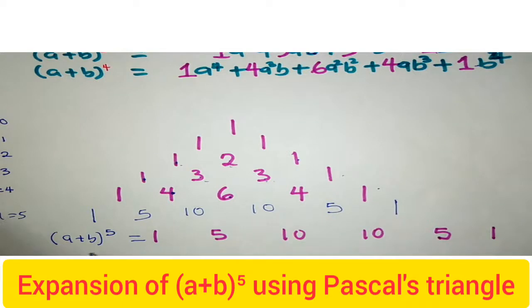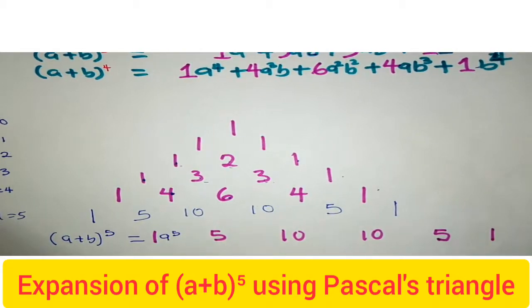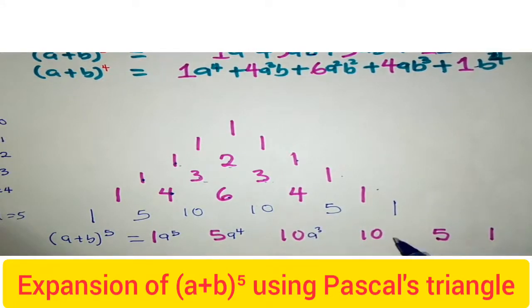Now the first term here is a, so we have a raised to power 5. Now the power of a decreases as we go from left to right. We have a raised to power 4 here, a raised to power 3, a raised to power 2, a raised to power 1, and here a raised to power 0, which is equal to 1.